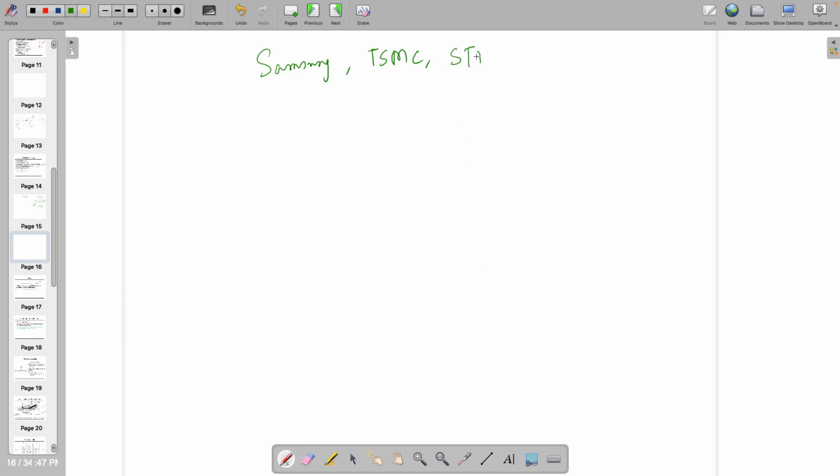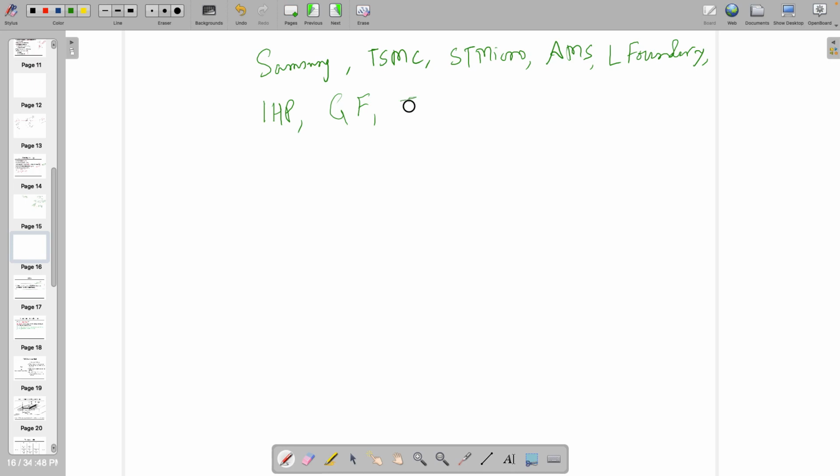ST Micro. AMS, that's Austria Microsystems. L Foundry from Italy. Anything else? IHP from Germany. Global Foundry.